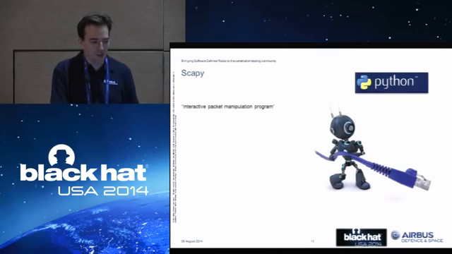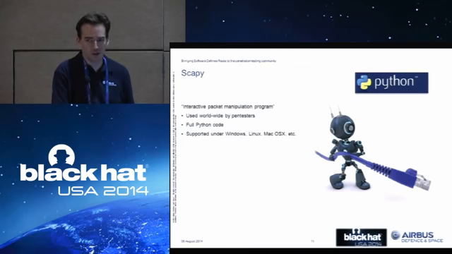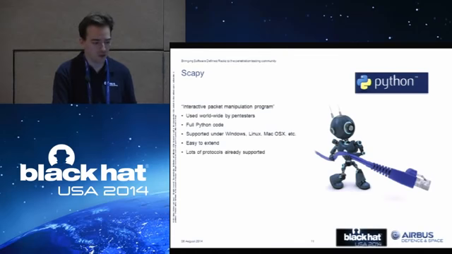For Scapy, it's an interactive packet manipulation program. This quote is taken from its website. It's used, I think, worldwide by pen testers because it's provided in a lot of Linux distributions. It's full Python code, and it's supported on Windows, Linux, Mac OS X. It's easy to extend. You just have to bring new Python classes, and that's all.